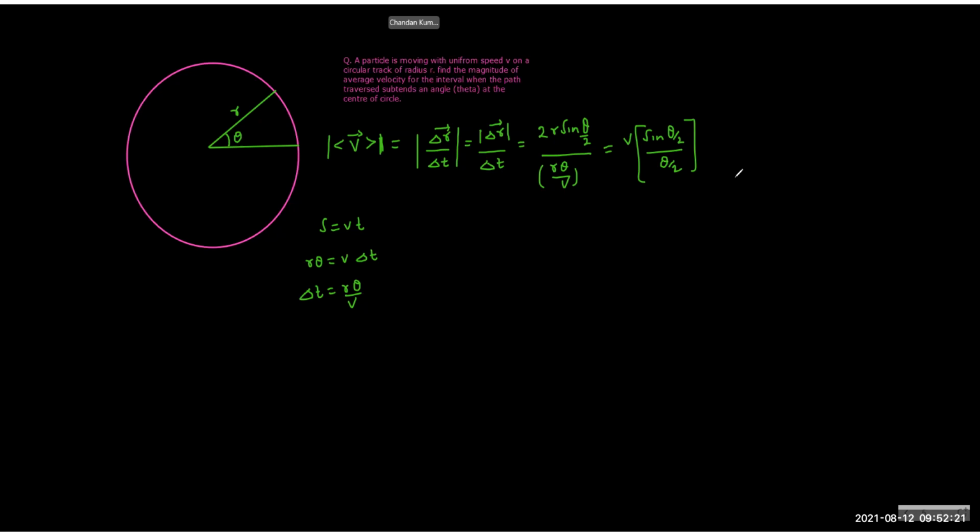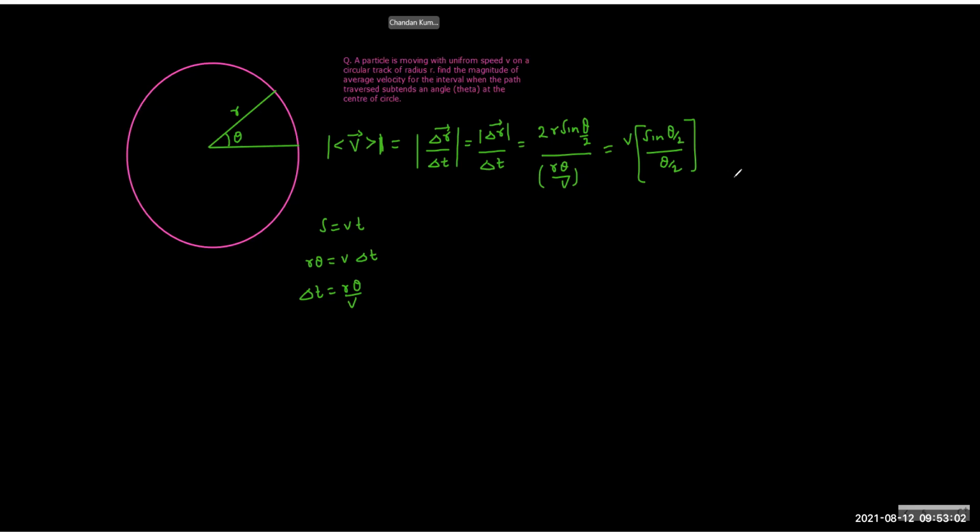Now imagine if I ask, what will be the average velocity modulus if you traverse the quarter circle? What will be the answer for the quarter circle? Keep in mind that when we write r theta equals v delta t, the theta represents the angle in radian.